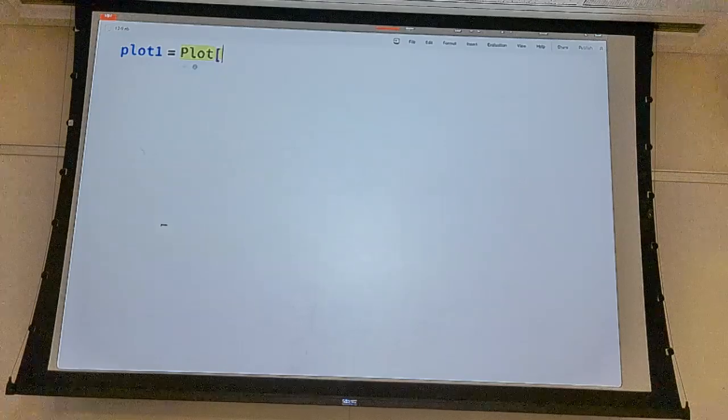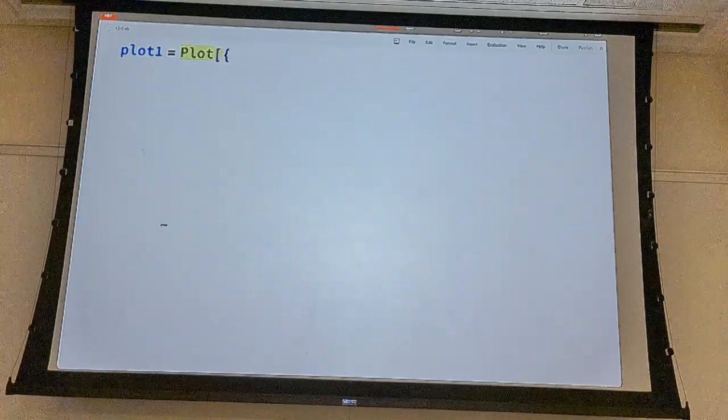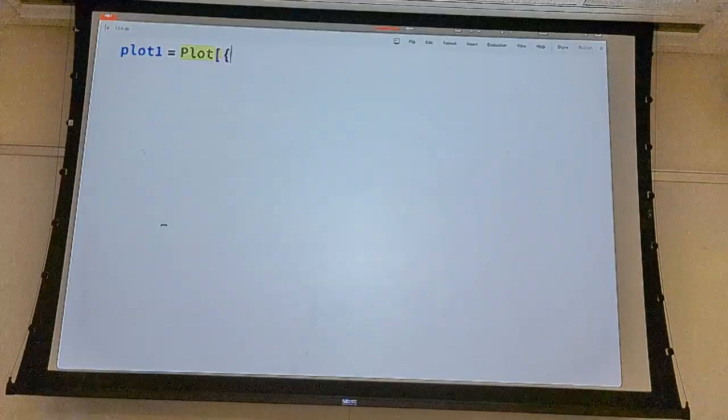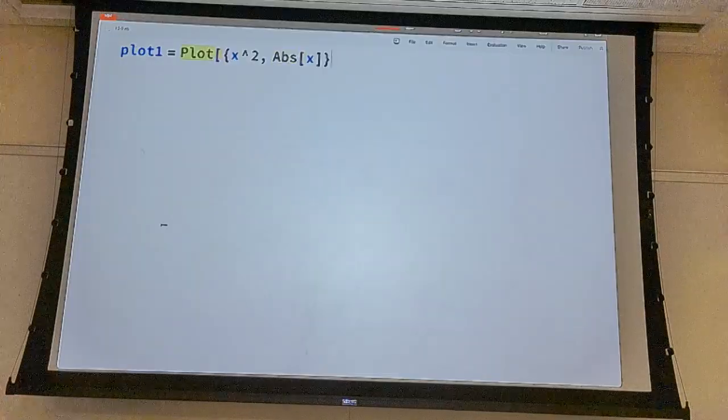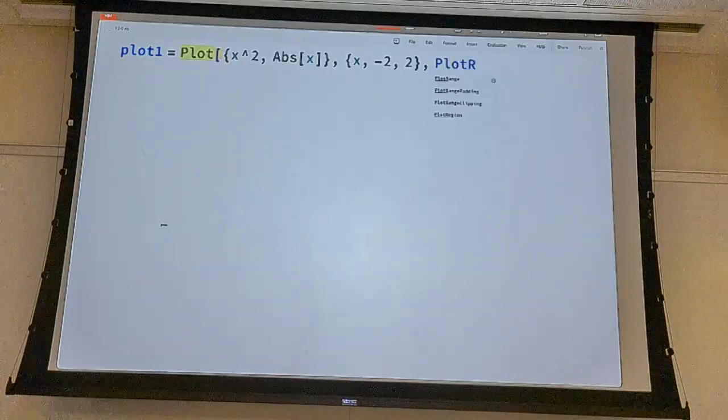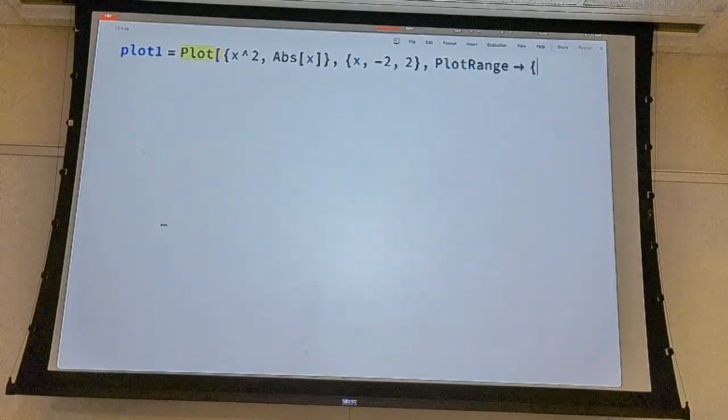You can plot multiple functions on the same axis as long as you place them in braces. And it was what, x squared and absolute value of x? I want the plot range to be the same.